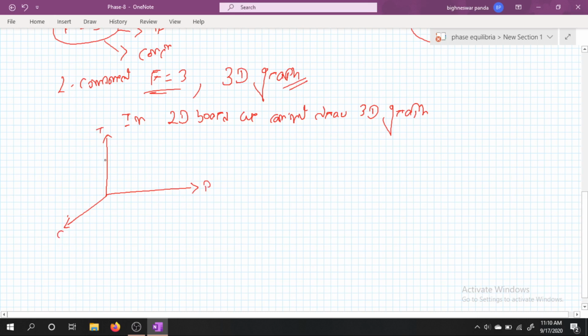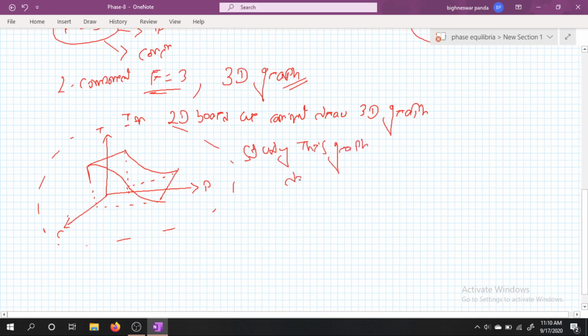So our graph is like this, and we can't easily study this type of graph. To study this graph, difficulty arises.